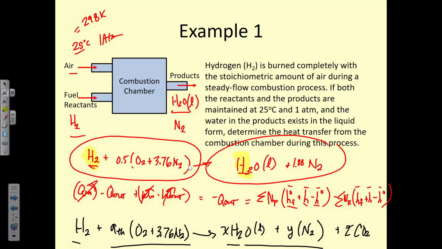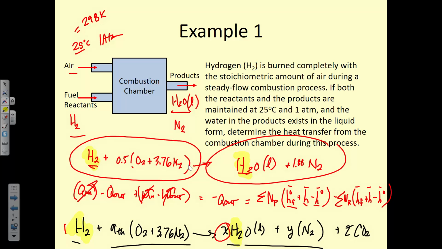But just looking at what's coming into the system, I know I'm not going to have CO2 coming out because there's no carbon to form CO2. So you look at each of these terms individually. For hydrogen, there's an H2 here and an H2 there. I know the coefficient in front of this one is 1, so X has to be equal to 1.